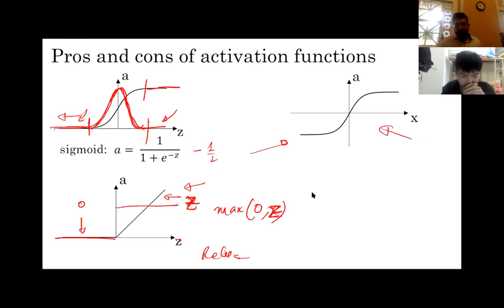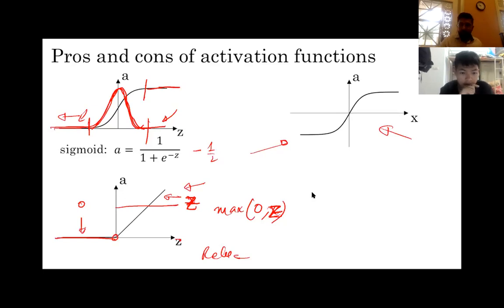What about the derivative at z equal to 0? Any guesses? Okay, so the derivative at 0 is undefined.